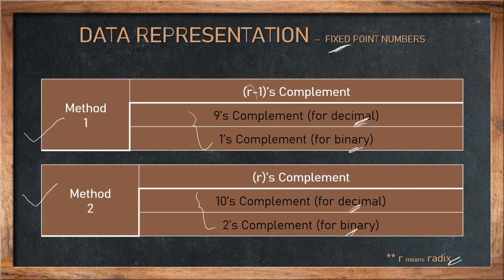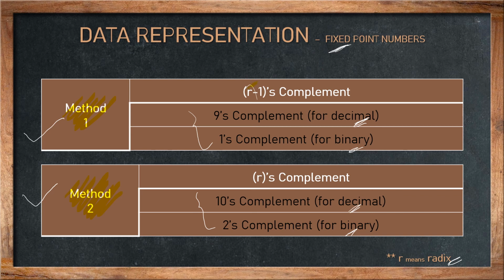But right now just remember that for data representation, there are two ways to represent the data: one is fixed point and the other is floating point. These days we are learning fixed point numbers. In fixed point we have two methods.